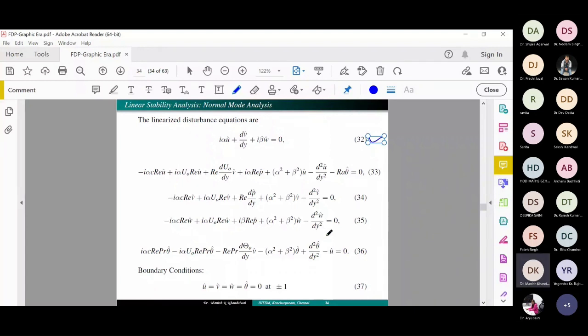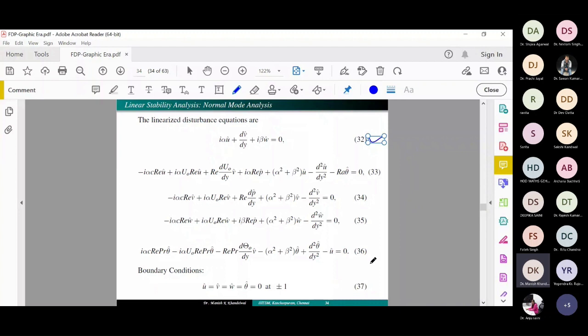But in this case of the channel we obtain ordinary differential equations, all coupled. It is not always necessary that the basic flow is unidirectional. If you have biomedical problems, such as arterial or biological problems, you will always get two-dimensional and time-dependent flow.